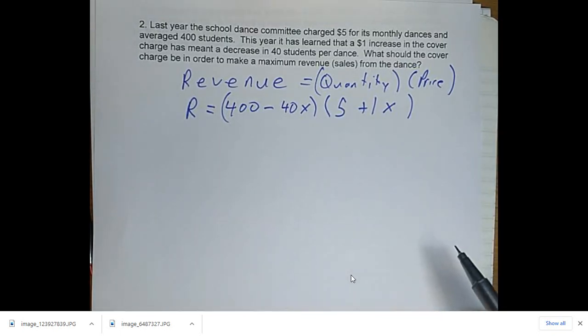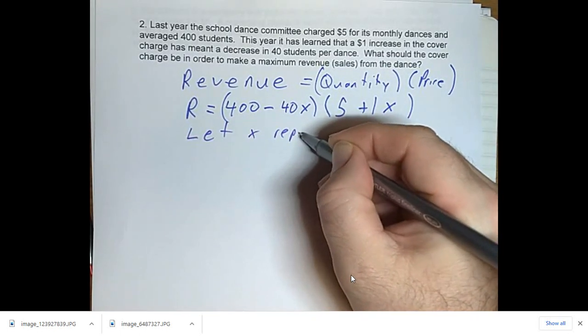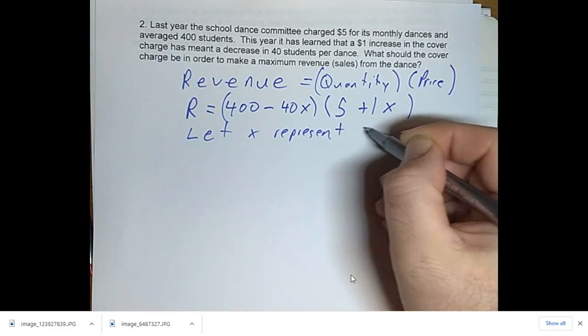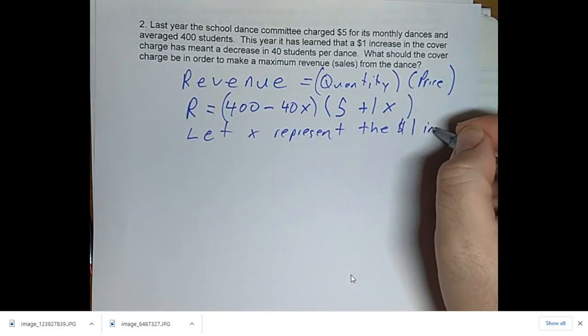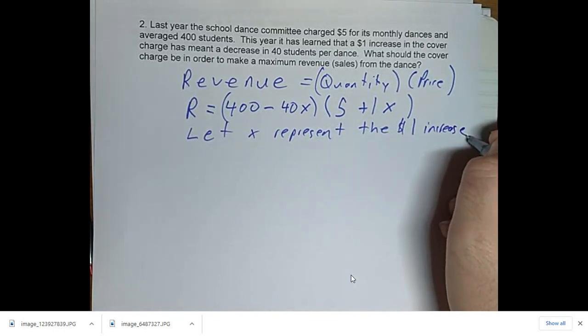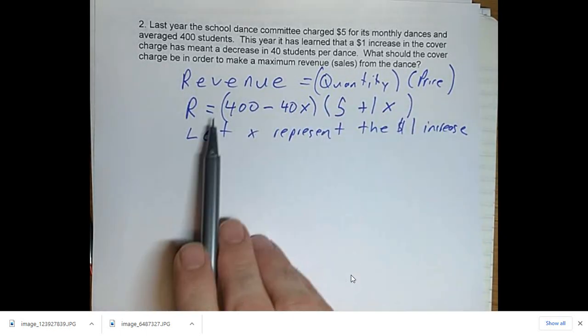Now we should put some sort of a let statement in here. So we're going to let X represent the $1 increase, which causes the 40 people decrease. Now we're going to take this equation over here. I'll rewrite it one more time.